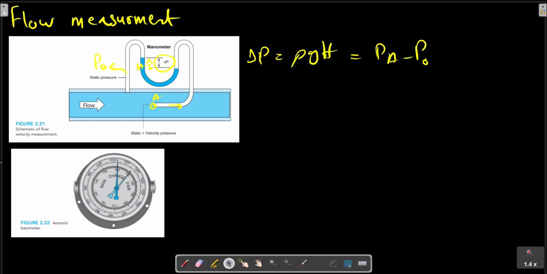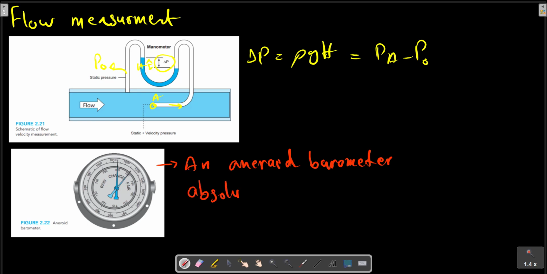An aneroid barometer measures the absolute pressure used for weather prediction.